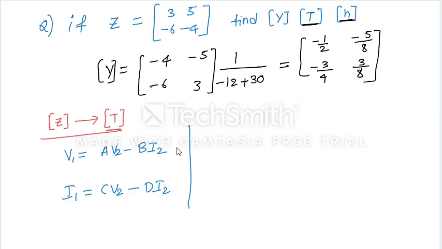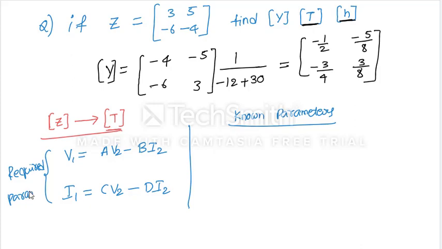And what are the known parameters? Write the known parameters, and these are the required parameters. And write the known parameter equations. We know the values now, so write them.